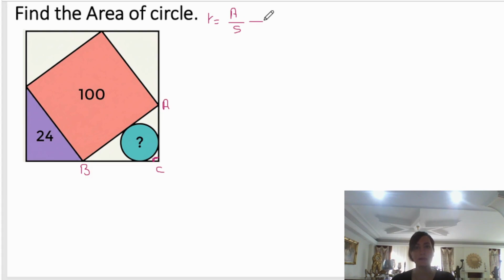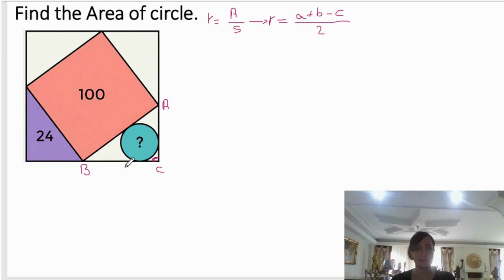For any right angle triangle, the radius would be A plus B minus the hypotenuse, which is C, divided by 2.